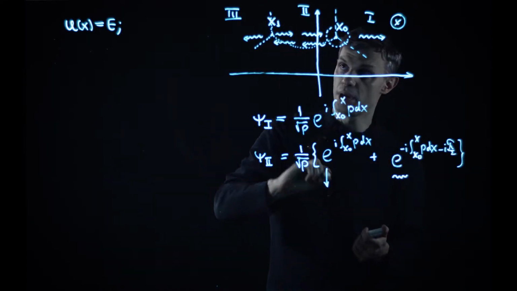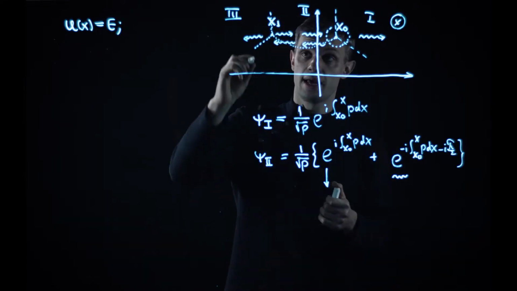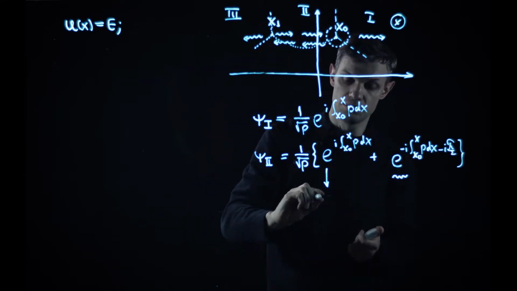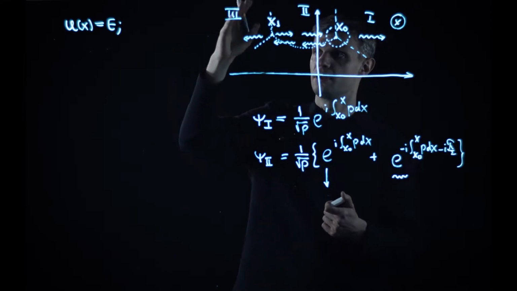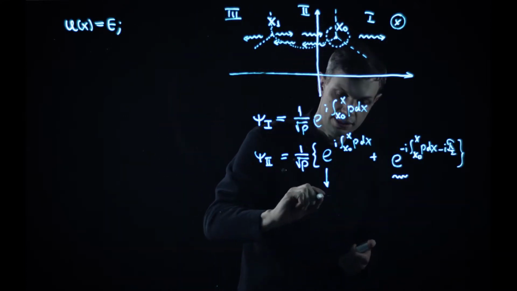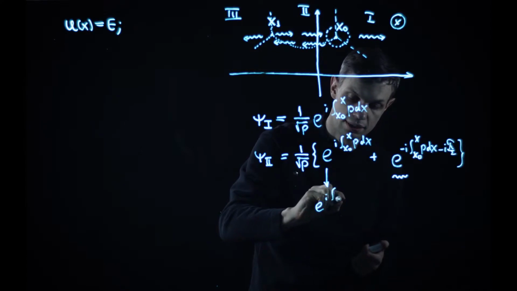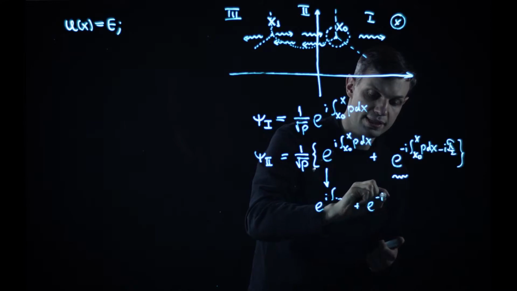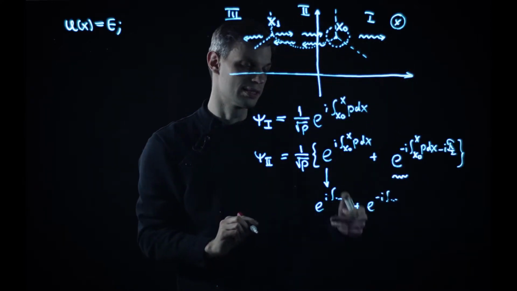However, the transmitted wave, this one, which propagates to the right, is again, due to the standard procedure, turned into a combination of the incident wave and a reflected wave in region 3. So this exponential becomes the same one and acquires an additional factor with minus, with the same exponent with minus the integral.